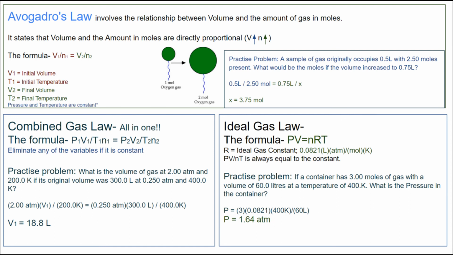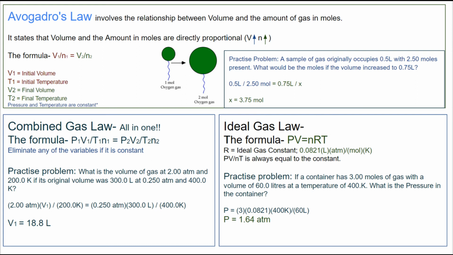And another simple practice problem is, if a container has 3 moles of gas with a volume of 60 liters at a temperature of 400 Kelvin, what is the pressure in the container? So as we can see, we have the variables for volume, temperature, and the number of moles, and we need to find out pressure.